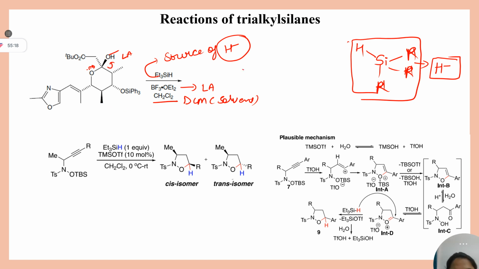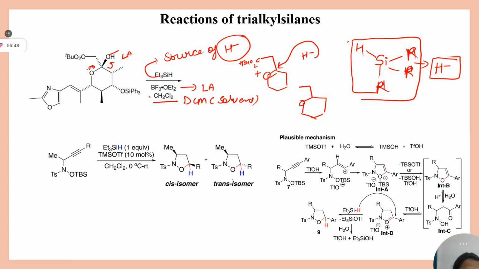Okay. What you will be getting, I will not draw the other part. I will just draw where changes are happening. O positive. Now hydride will be coming from this side and you will get this compound.